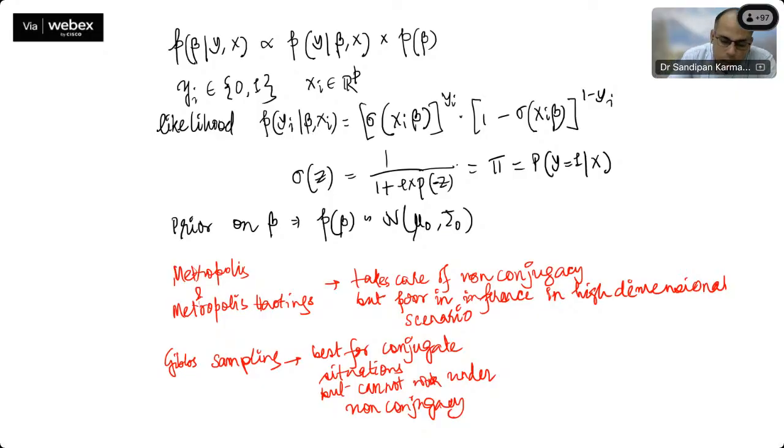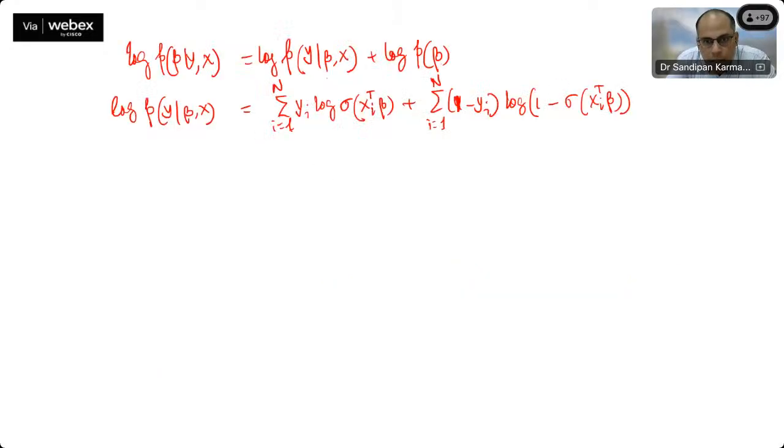Now the prior on beta is a normal distribution: beta follows a normal distribution with mean mu naught and variance-covariance matrix sigma naught.